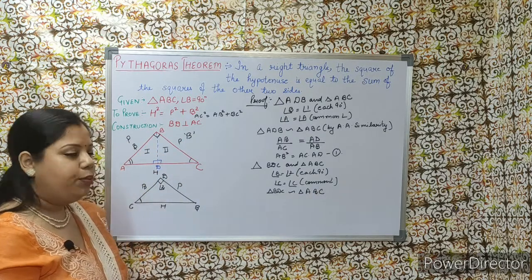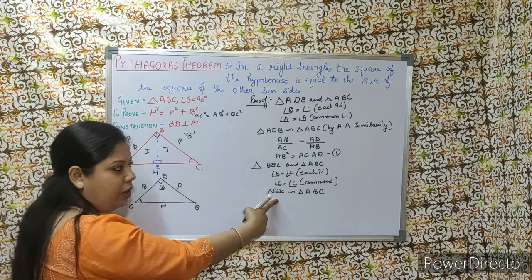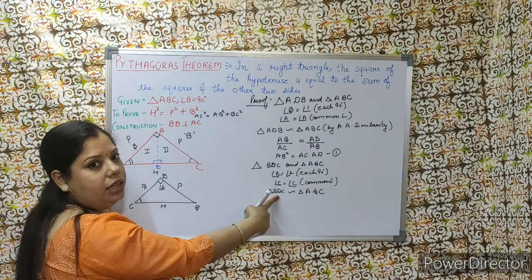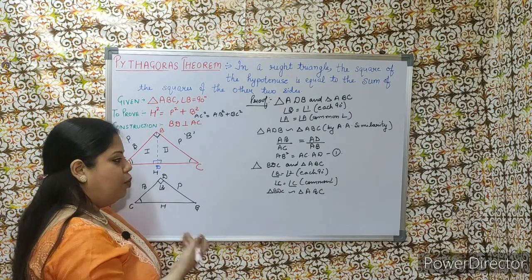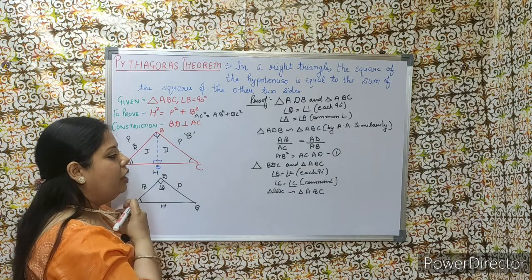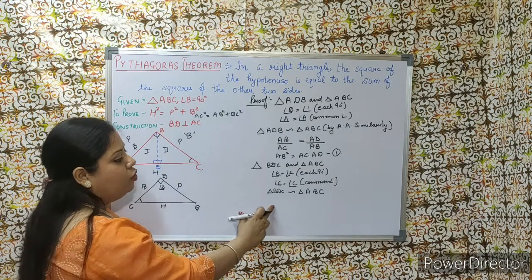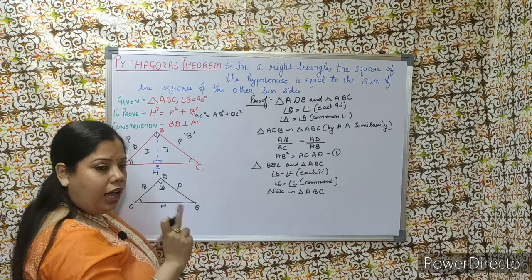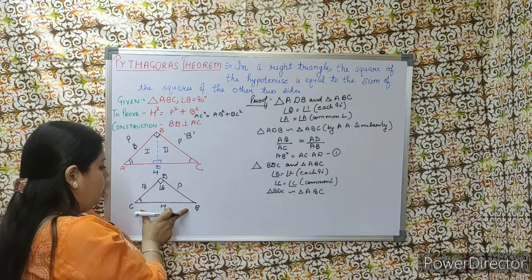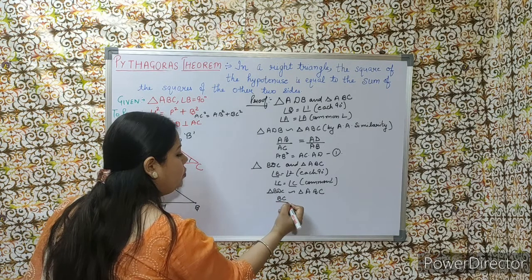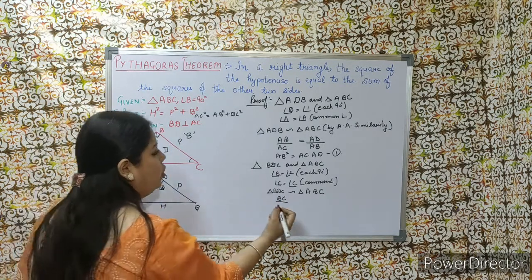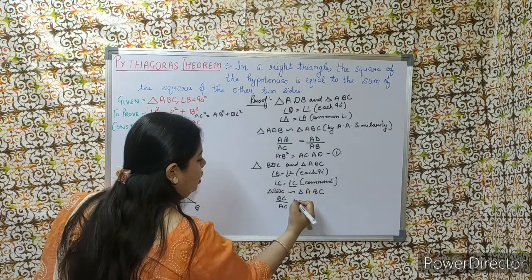Once again, I have proved that two triangles are similar. If these two triangles are similar, it means their sides are in equal proportion. Now I am again writing the equal proportions. First of all, I will be writing the hypotenuse. For this triangle, hypotenuse is BC, and for this the hypotenuse again is AC.